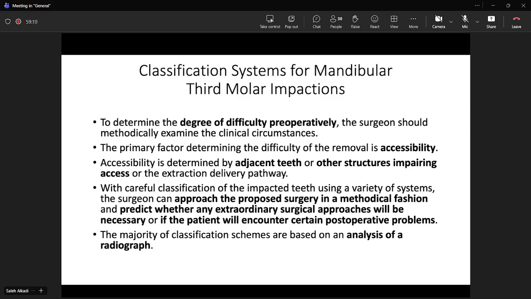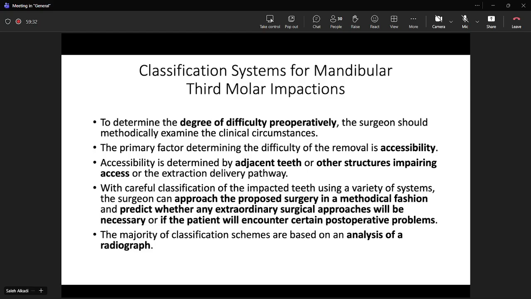To be honest, this is a hot topic nowadays because they have started using AI to predict the difficulty of removal of impacted wisdom teeth, and to predict postoperative complications, especially neuropathies of the inferior alveolar nerve after removal of wisdom teeth.